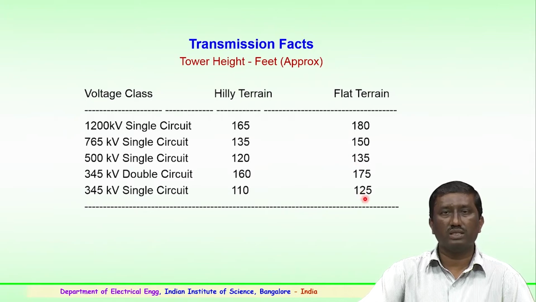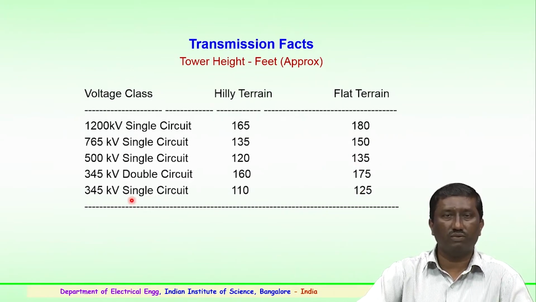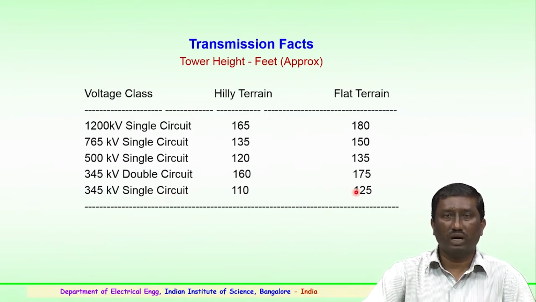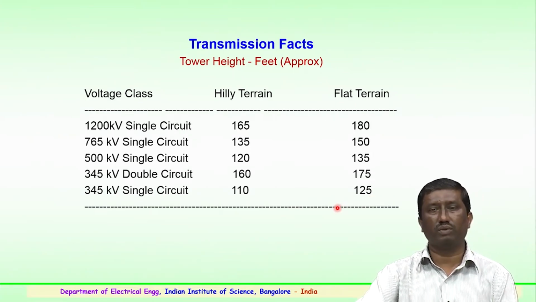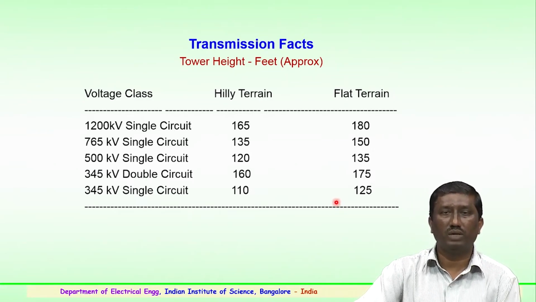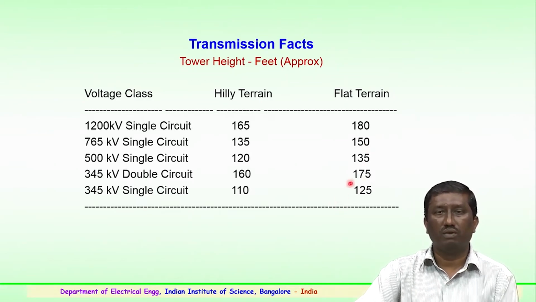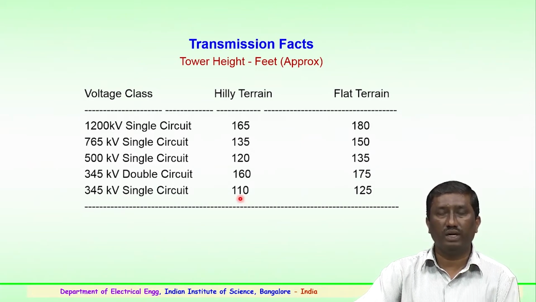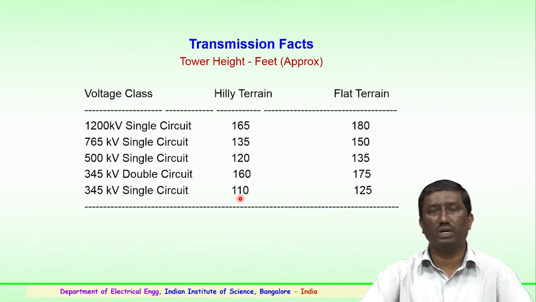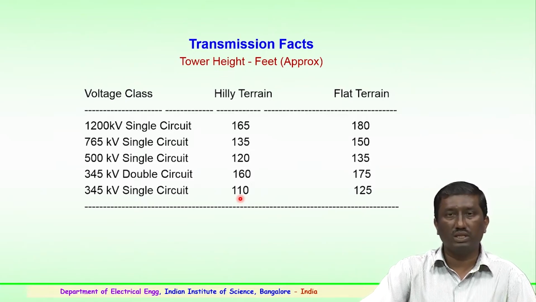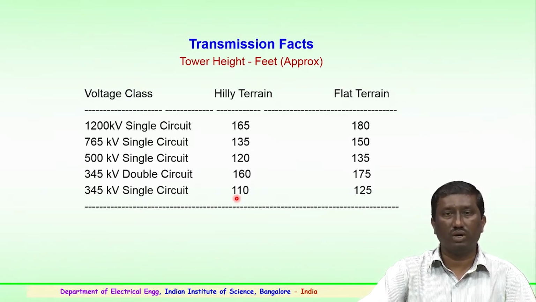So, what are the minimum ground clearances to be adopted? Say for a 400 kV or 345 kV single circuit, the height is 125 feet, approximately 40 meters from the ground level, to be maintained in the case of a flat terrain, whereas for a hilly terrain it is 110 feet, approximately 32 or 33 meters from the ground level.